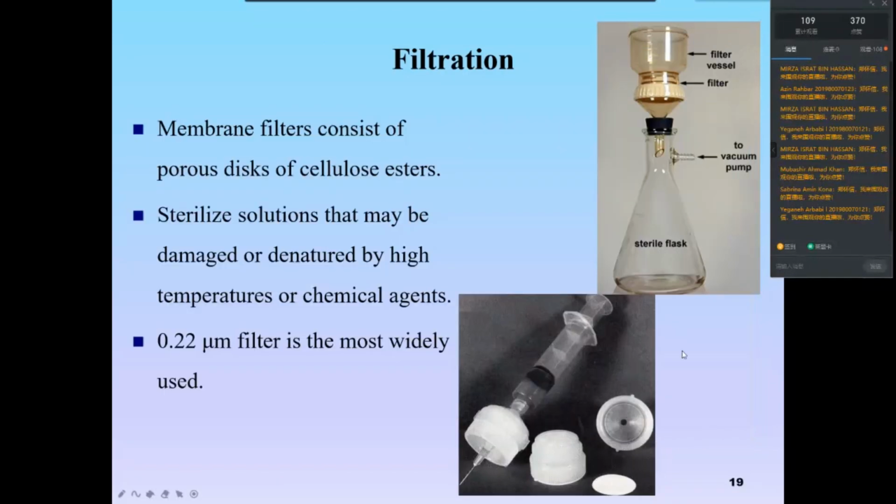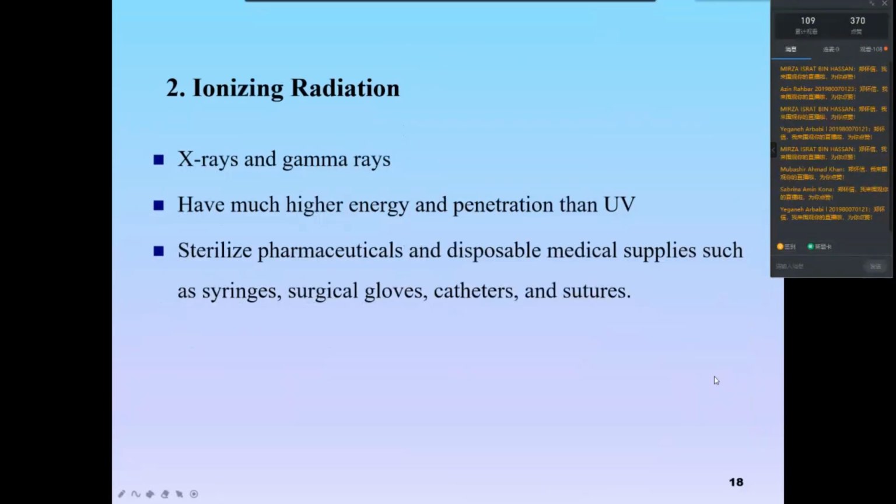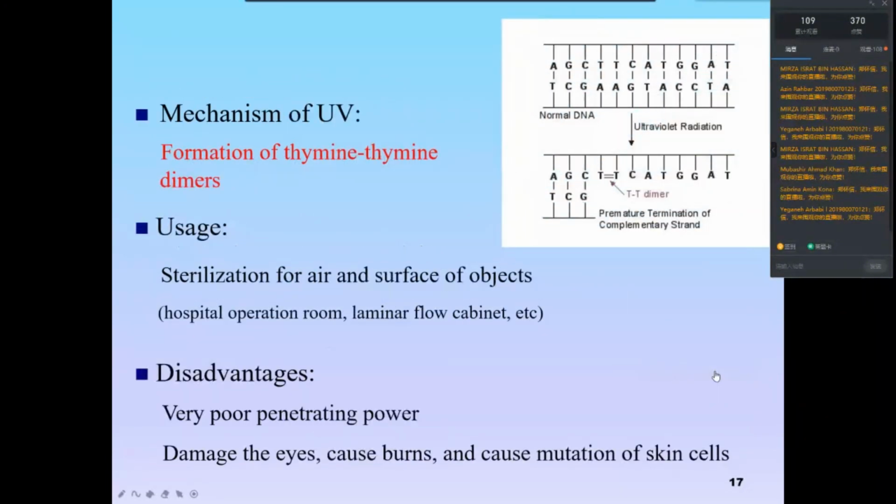Okay, so that's the effect of UV light on bacteria.